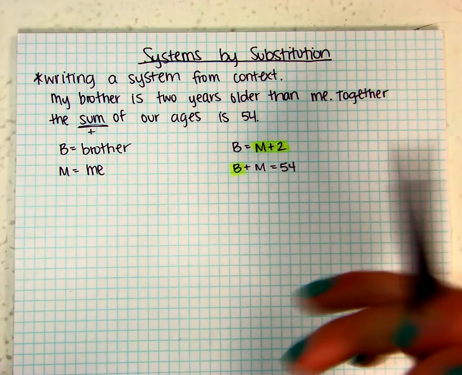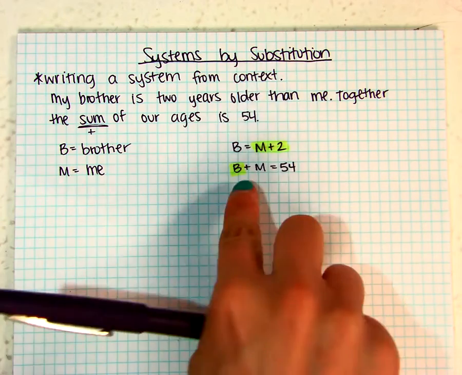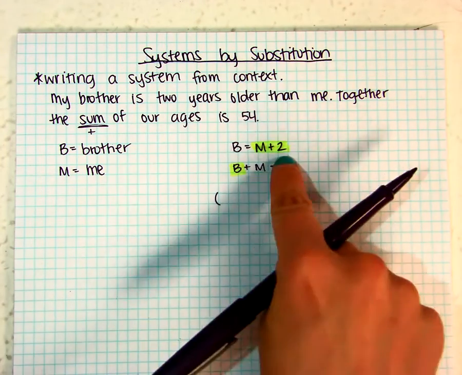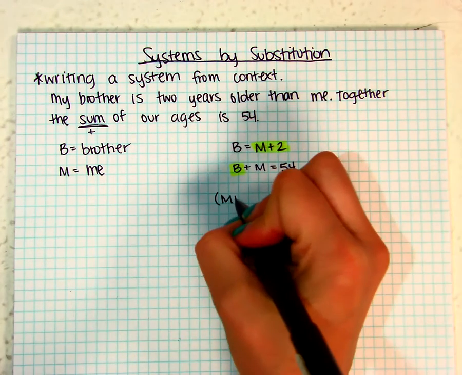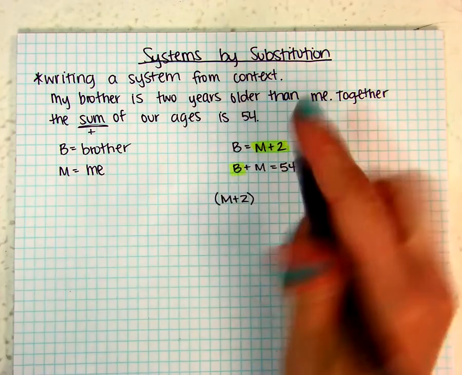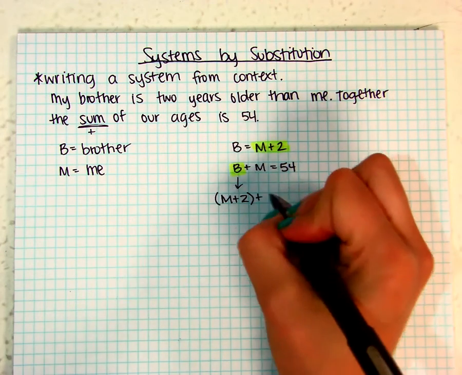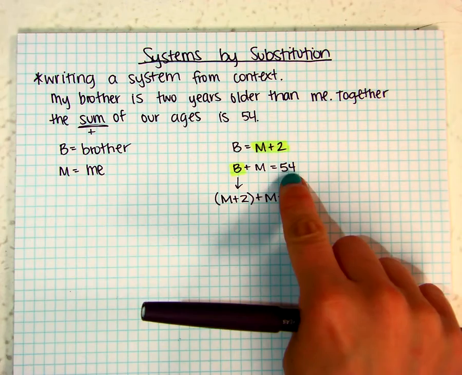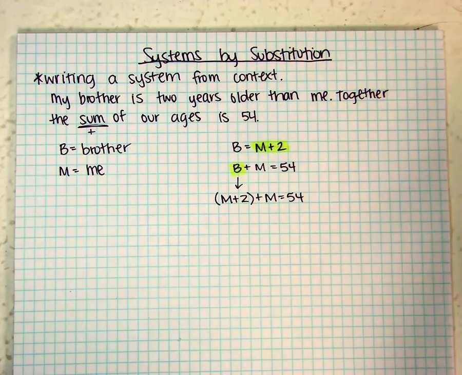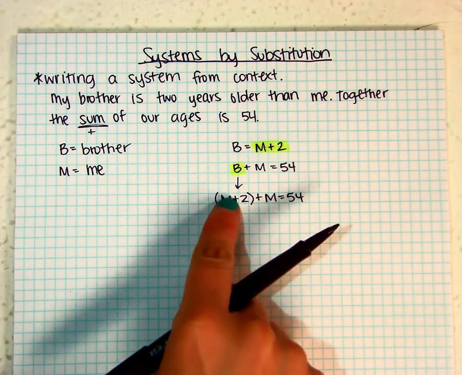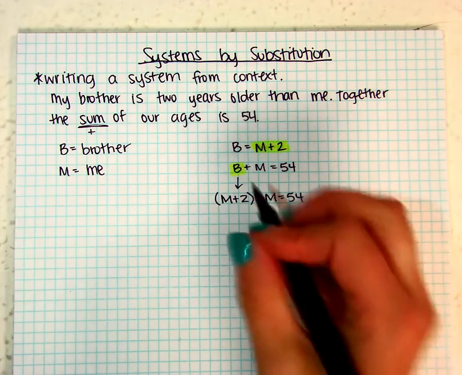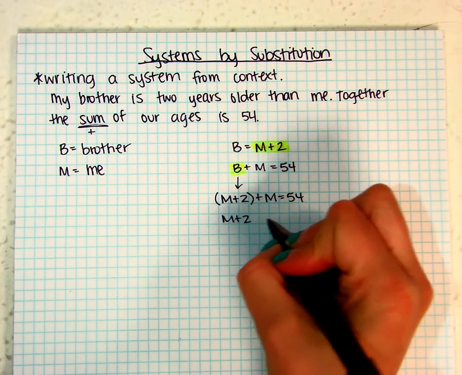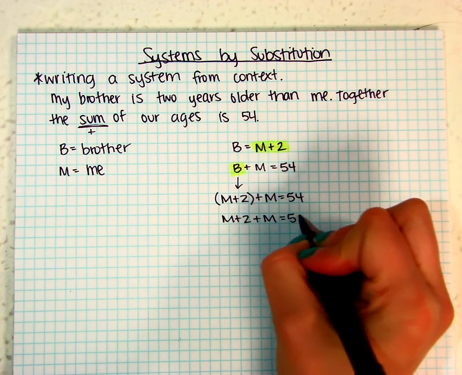So I'm going to rewrite this equation. I'm going to use parentheses around m plus 2 because I'm substituting in. And then the rest of the equation stays the same, plus m equals 54. Now, if I don't have to distribute by anything, I can just drop the parentheses. So m plus 2 plus m equals 54.